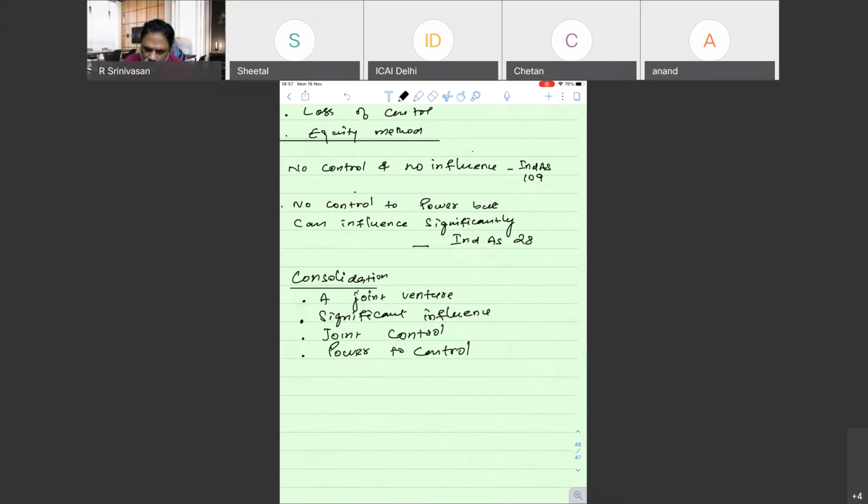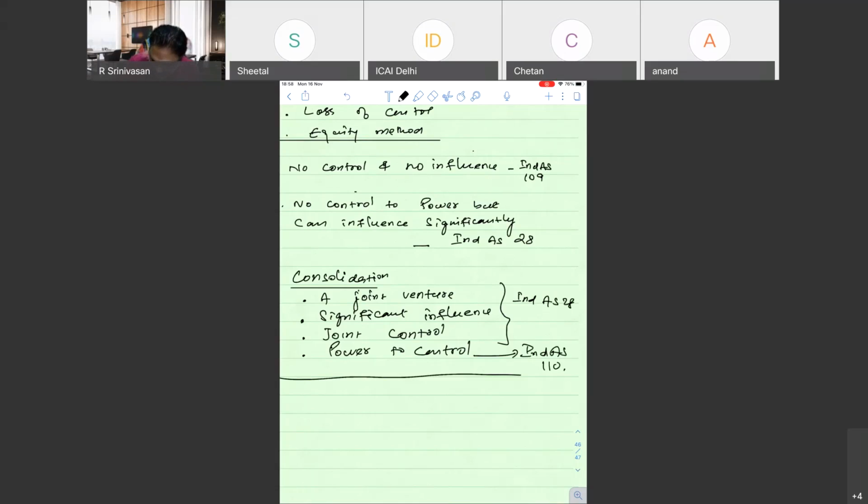In the fourth one, power to control, you will be using Ind AS 110. In these three cases, Ind AS 28; in this case, Ind AS 110 is applicable. So these are the cases you have to consolidate. Okay, so you get the answer for the A part.